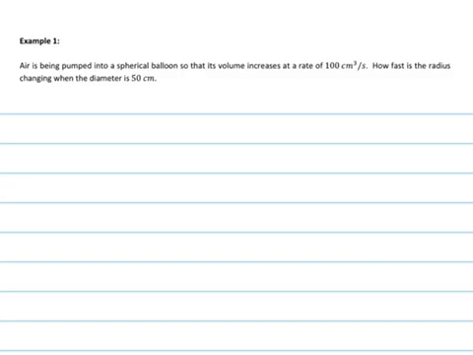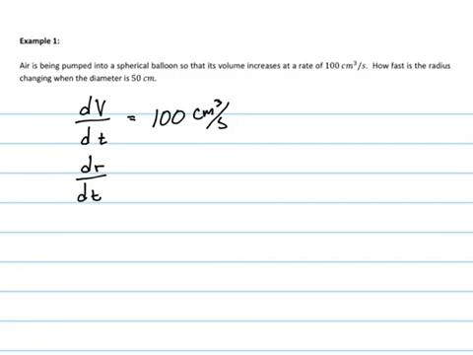What we do know is that the volume is changing over time, and we know what that rate is. In other words, the derivative of volume with respect to time, dV/dt, is 100 centimeters cubed per second. What we want to know is the rate of change of the radius with respect to time.